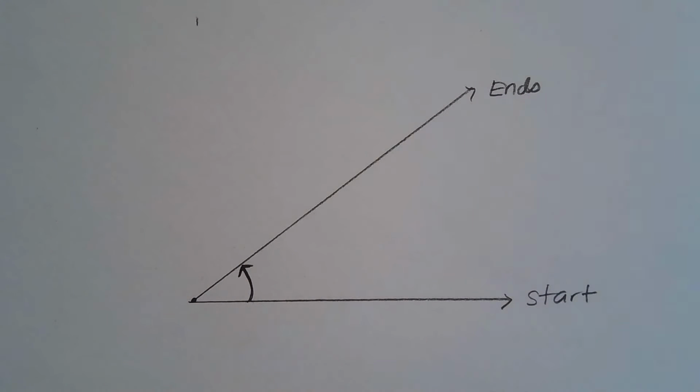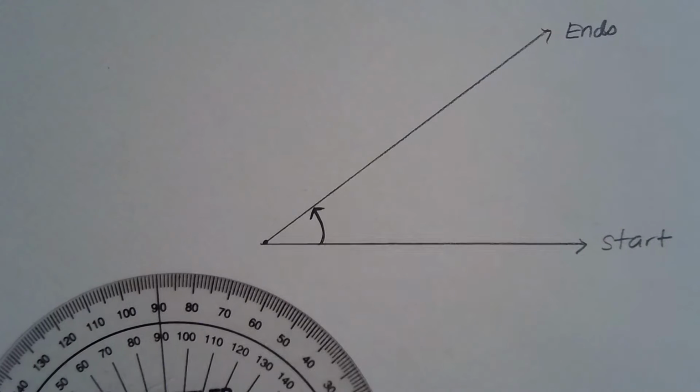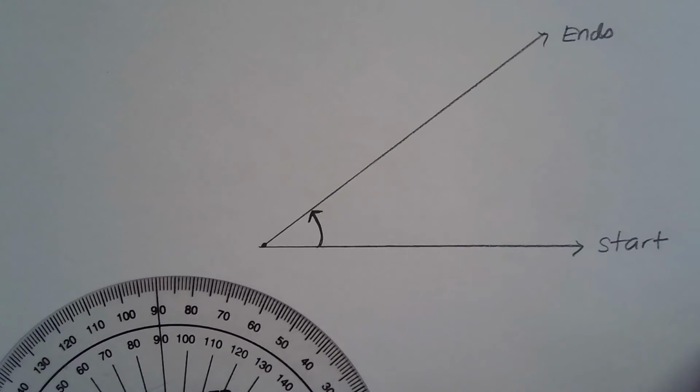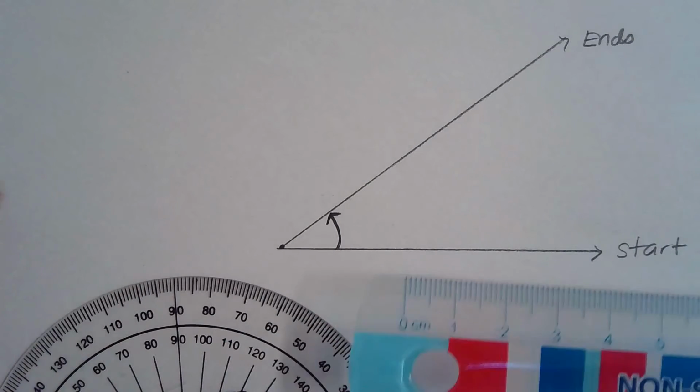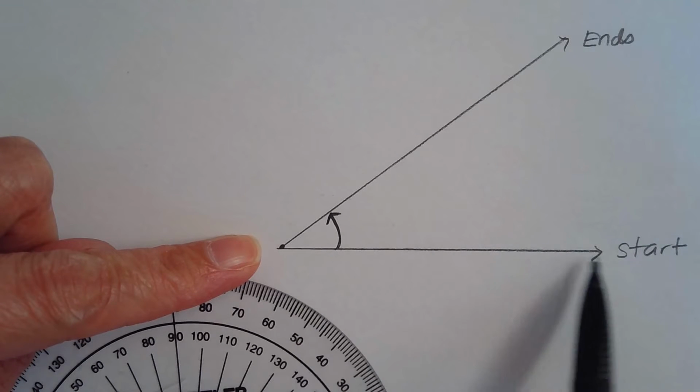Okay, so like any other measuring device that we use, we always start with 0, right? When you're measuring a length, we start at 0. So the same thing happens when we have something like this.